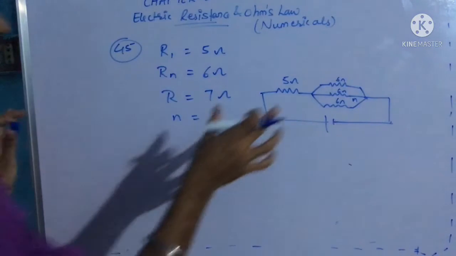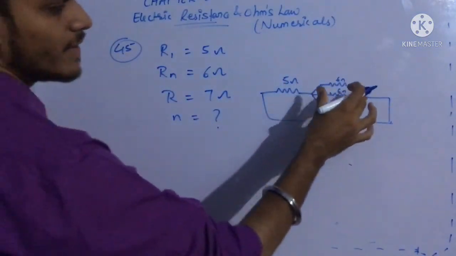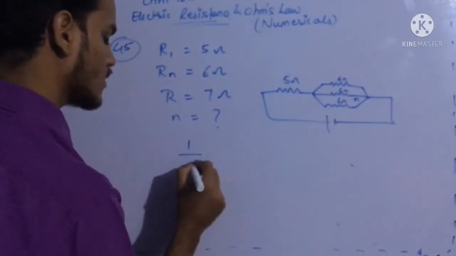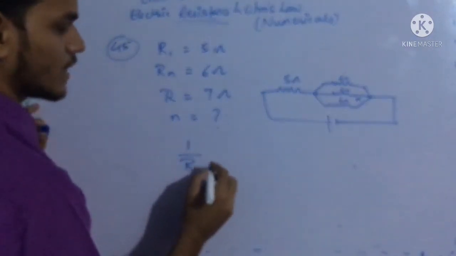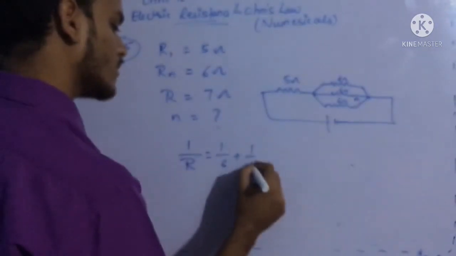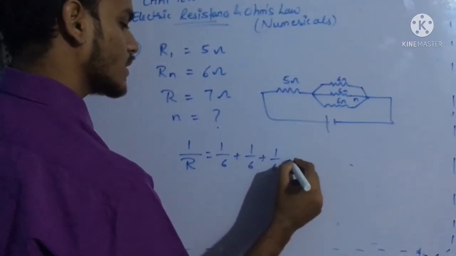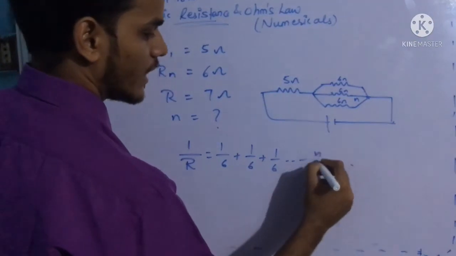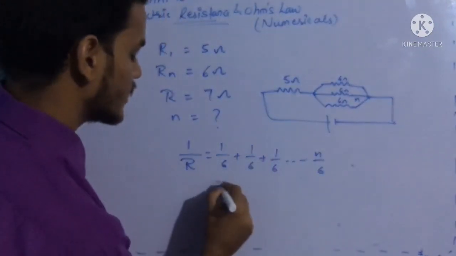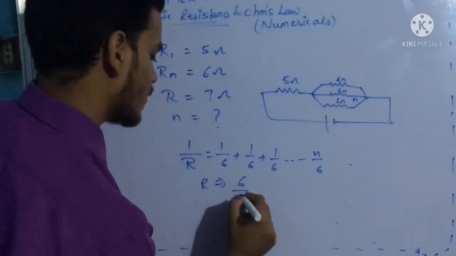We do not know how many they are. First we solve the parallel arrangement. 1 upon r equals 1 upon 6 plus 1 upon 6 plus 1 upon 6 up to n terms. So we get r as 6 upon n.